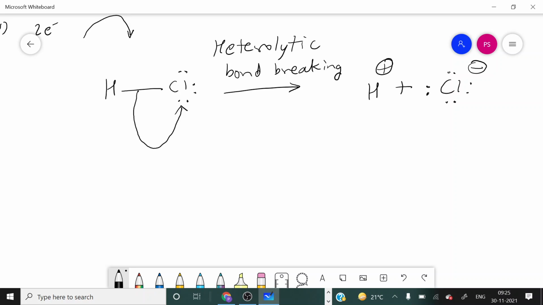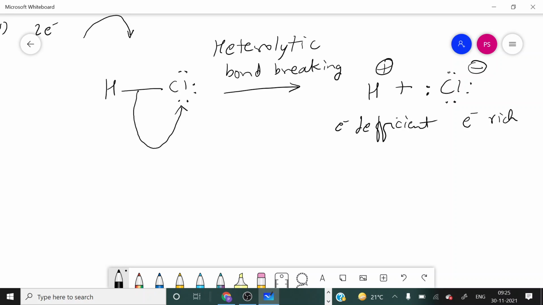That's why in heterolytic bond breaking, the chemical species formed are cation and anion. Why cation and anion? Because there is unequal movement of electrons. That's why one species is electron deficient and one species is electron rich.